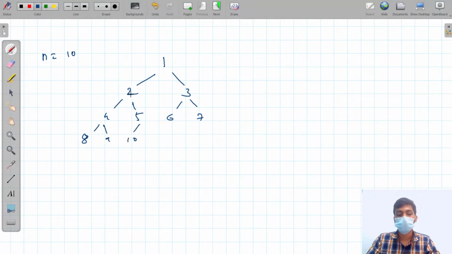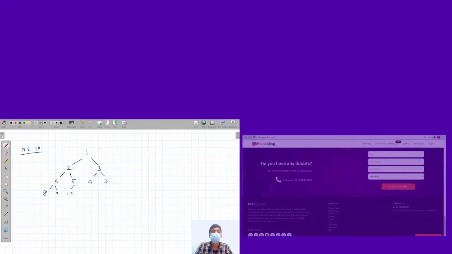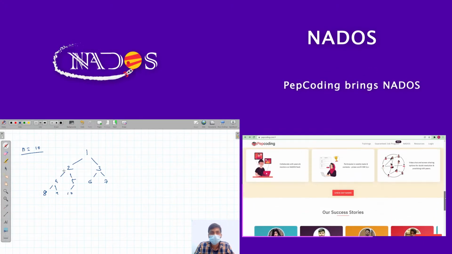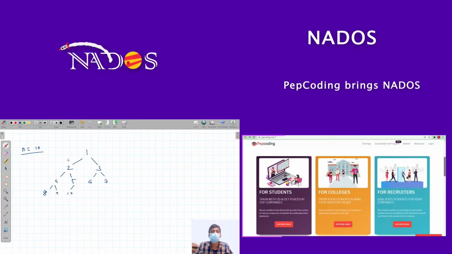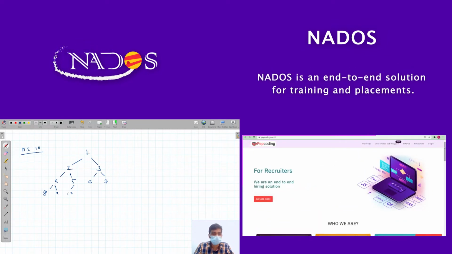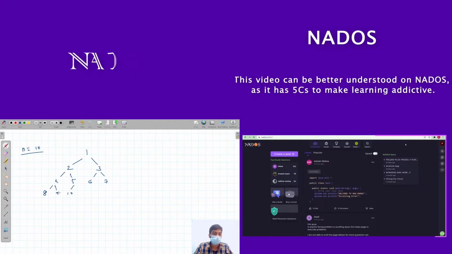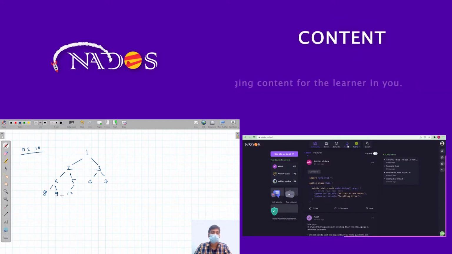So the first line means that in the infinite binary tree, if n is given to us as 10, then our tree is going to be something like this. Every node is labeled in level order: first 1, then 2 3, then 4 5 6 7, and then 8 9 10. This is the first thing given to us.